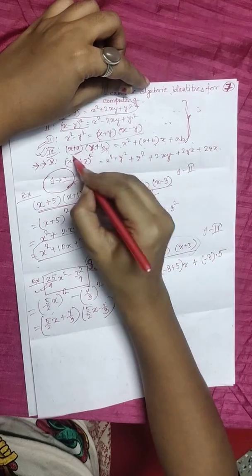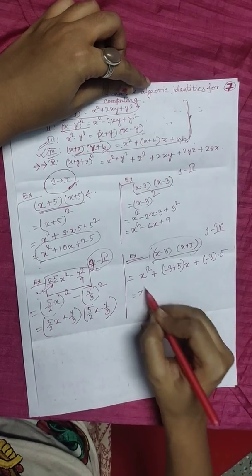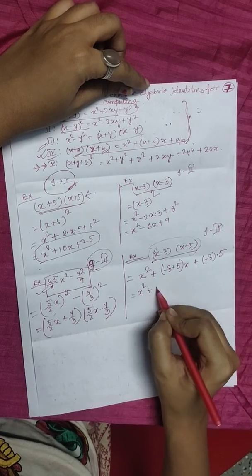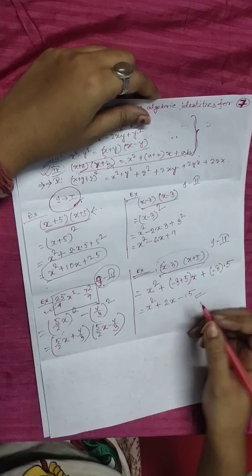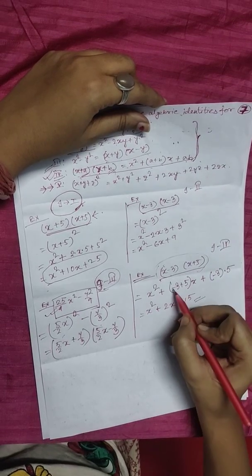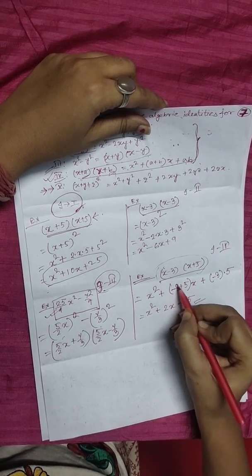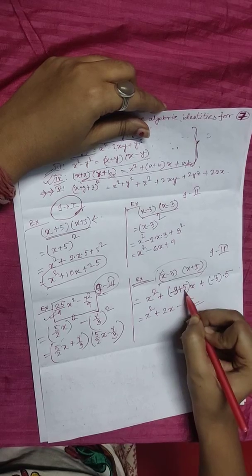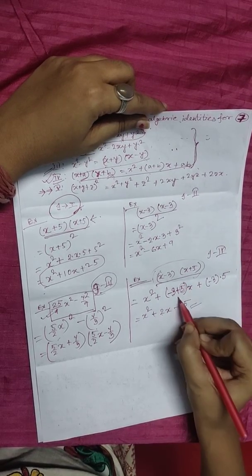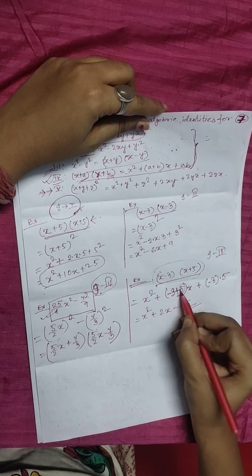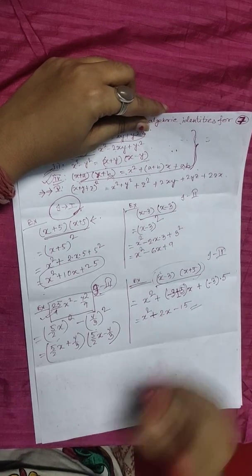By using identity 4, you will get x square plus 2x minus 15. This is the answer. So, follow carefully here. Here it is minus 3 and it is plus 5. Why is it plus 2? Here, 5 is the bigger term and the sign of the bigger term is plus. So, you will get plus here.